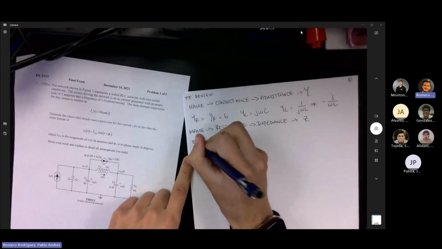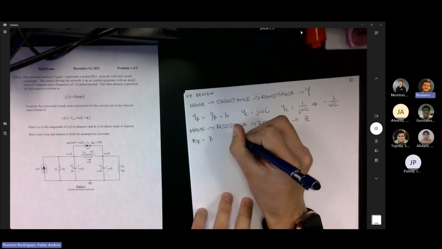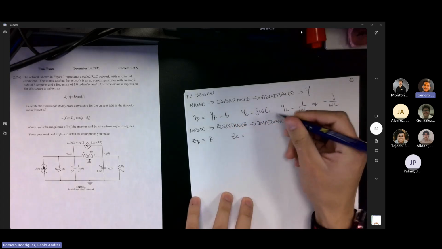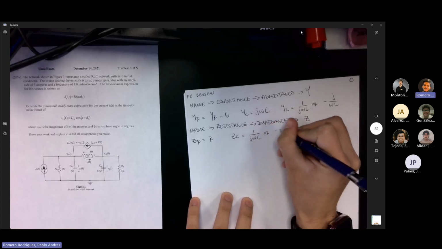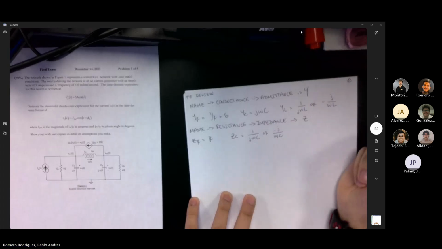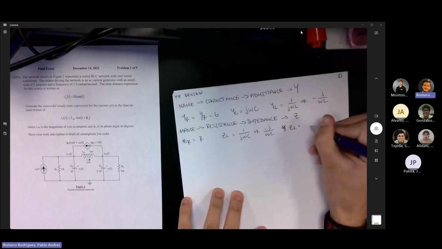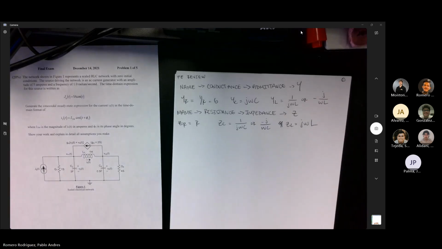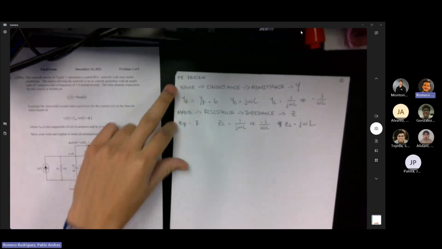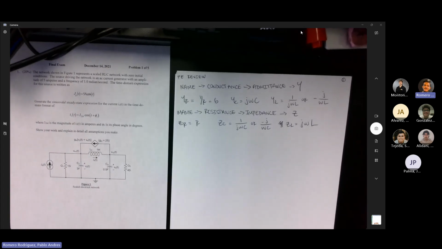For a resistor, ZR is going to be R. ZC is going to be the inverse, so 1 over J omega C, or negative J over omega C. And for an inductor, ZL is going to be J omega L. Have these two relations in mind when you're approaching a problem like this, because you're going to need them to solve the problem.